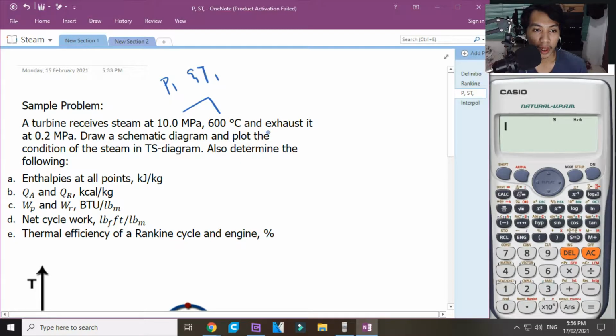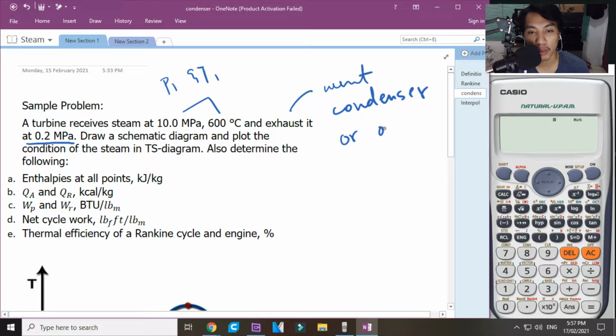And exhaust it, the word exhaust or extracted can both be used, at 0.2 MPa. Now when you exhaust it, it goes to the condenser, or simply out of the turbine.